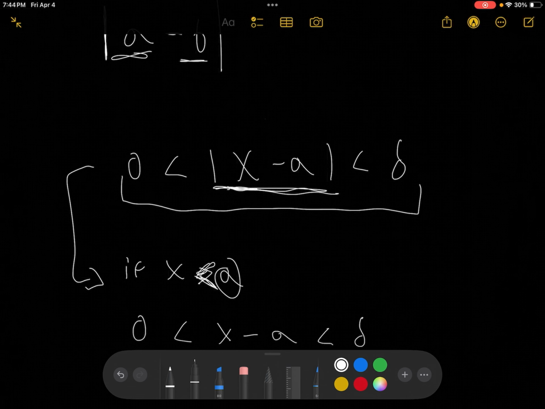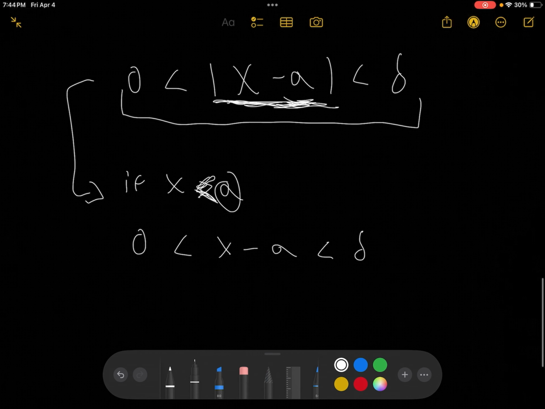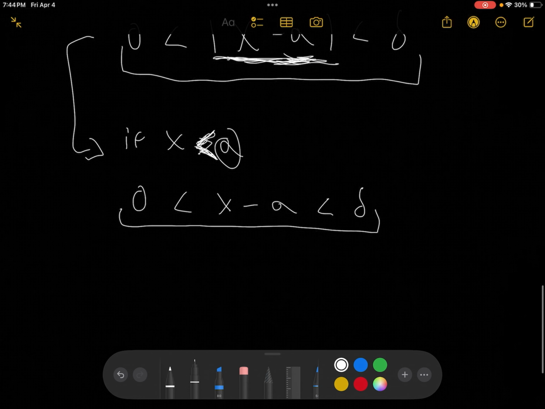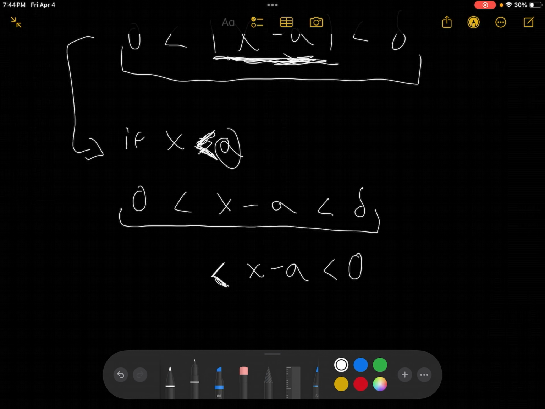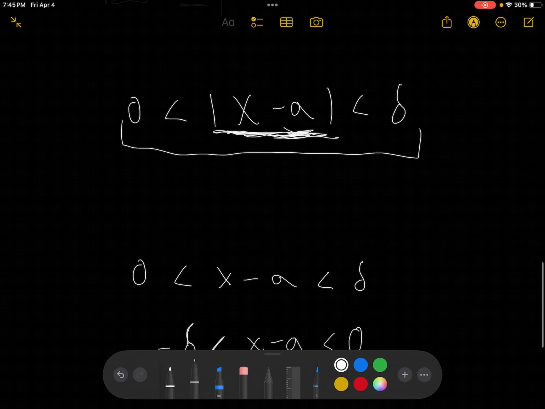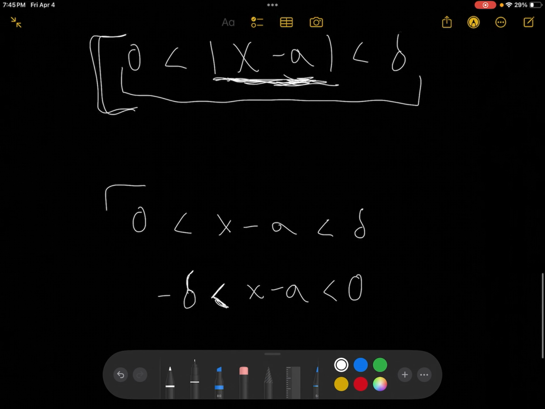And then if we have a scenario where a is greater than x, and we want to write it out as an inequality without absolute values, what we actually need is for a minus x to be less than 0 and for it to be greater than negative delta. So this one inequality up here and these two inequalities down here are equivalent.